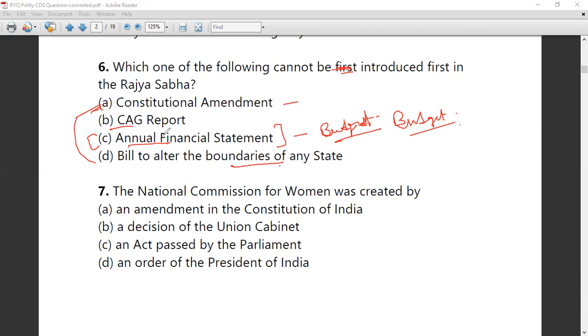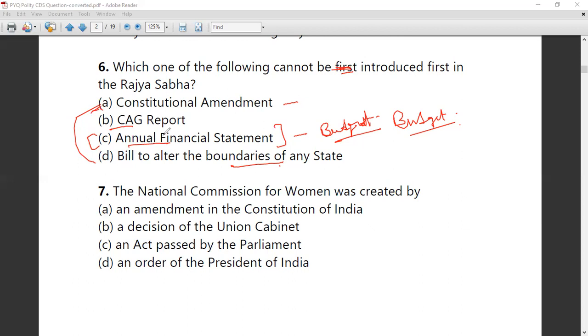I'll also tell you regarding the annual financial statement. It is a document presented to Parliament every year. You understand, that is a budget, mentioned in Article 112. Sometimes a question on the concept of the annual financial statement may ask that it is Article 112 of the Constitution of India, showing estimated receipts and expenditure of the government of India for the coming year in relation to revised estimates for the previous year, as also the actual amounts for the year prior to it.